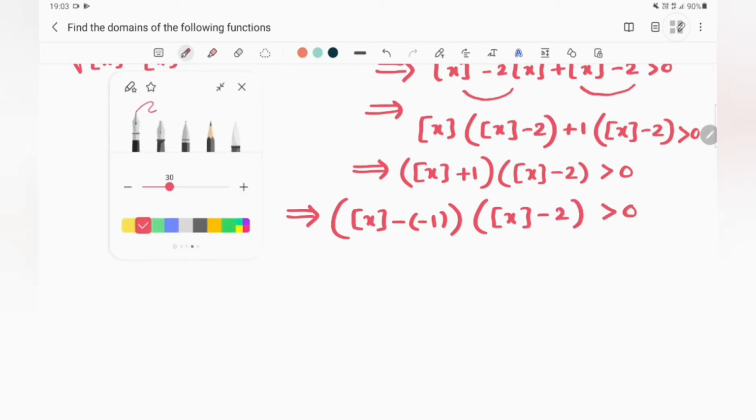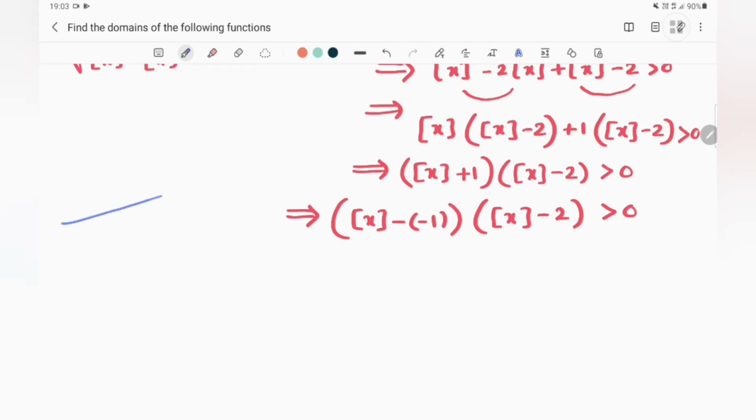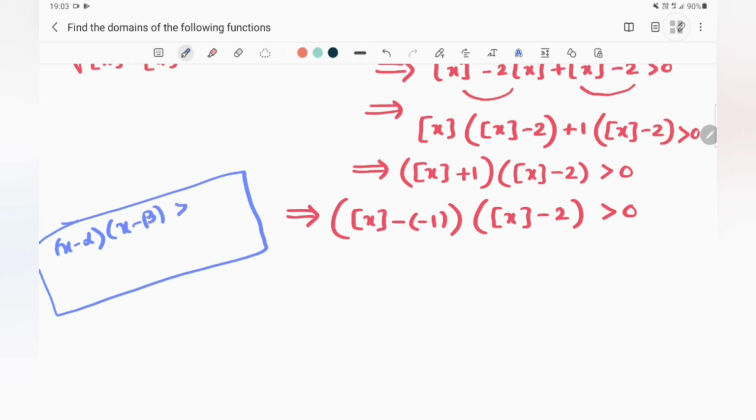Here we have one important point regarding this. x minus alpha into x minus beta is greater than 0 when alpha is less than beta. We have the formula: x is less than alpha or x is greater than beta.